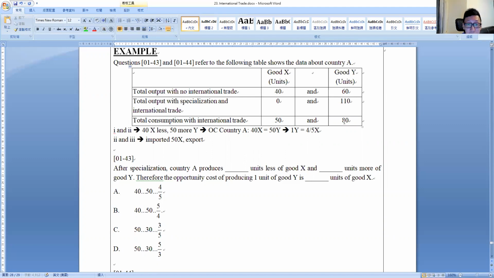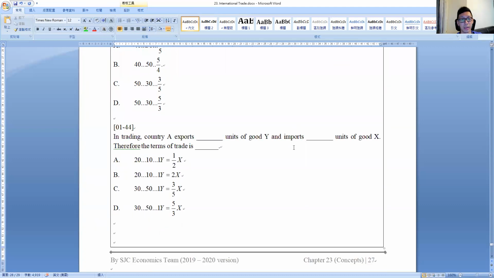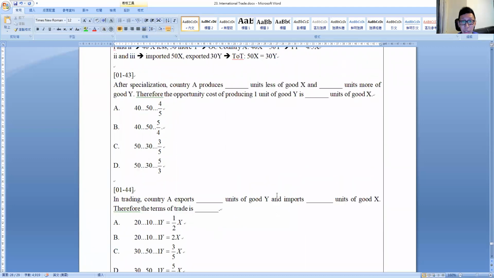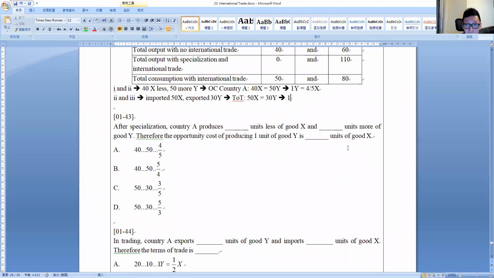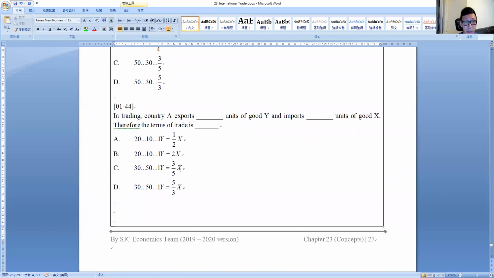Because you have exported 30Y. It means the terms of trade right now should be 50X equals 30Y. So 1Y is how much? It would be 1Y equals 5 divided by 3X.